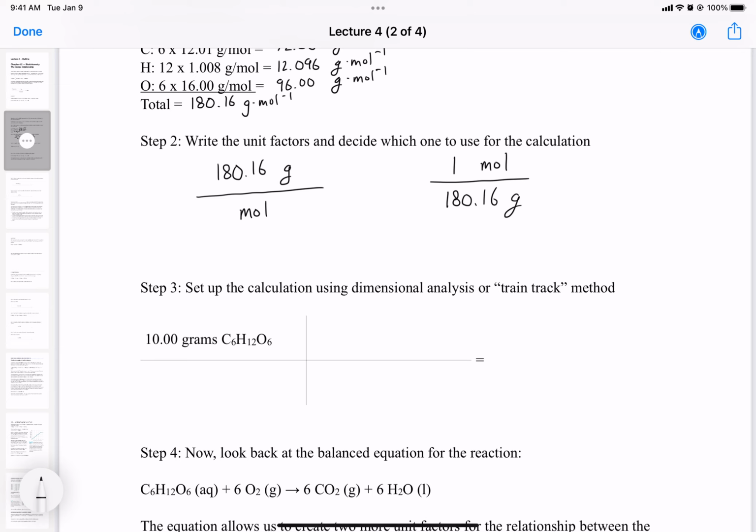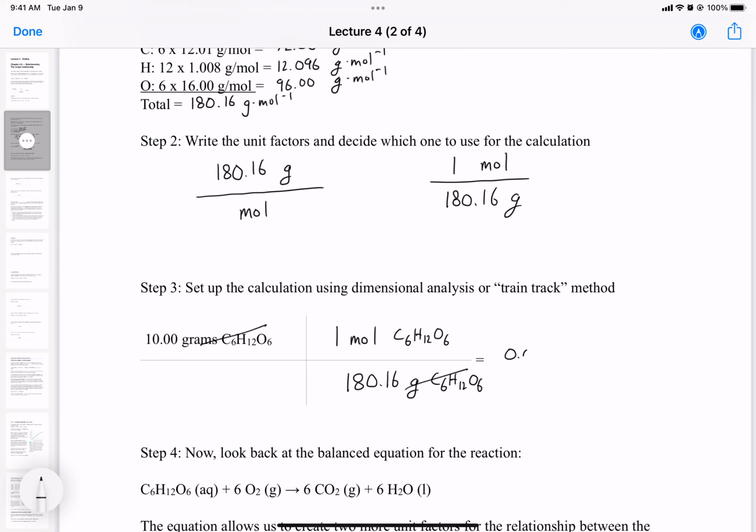So we know 1 mole of sugar, so 1 mole, let's say C6H12O6, we know that's 180.16 grams C6H12O6. So that would cancel out the grams. And then what we're left with is moles. See the moles now is going to be the new unit associated with our value. So we essentially have converted everything to moles of sugar.